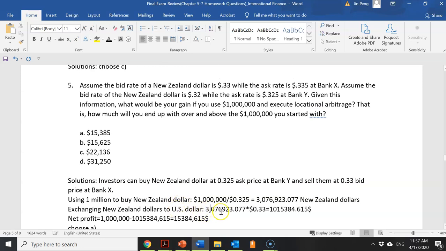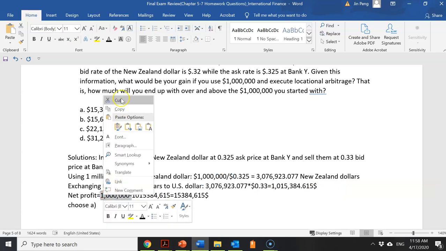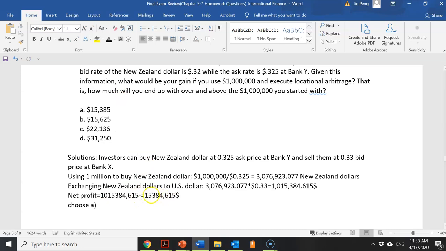And then we can exchange or sell the New Zealand dollars back to US dollars. So we can use this 3 million multiplied by the selling price, $0.33 at Bank X. So we have $1,015,384.615 in total as our ending balance. And our net profit would be the ending balance minus our beginning balance, 1 million.